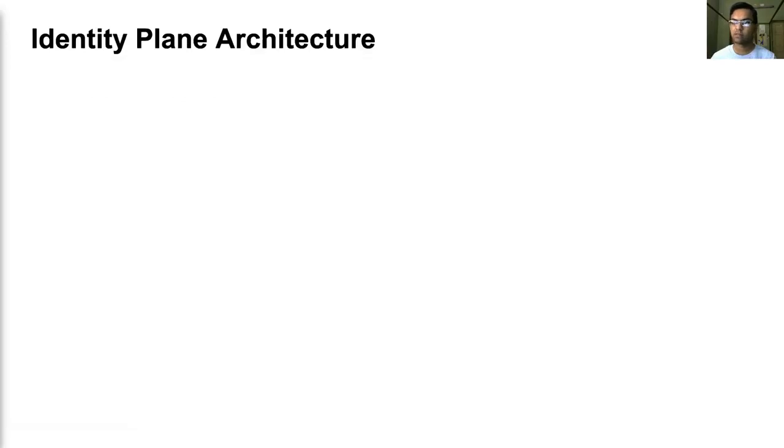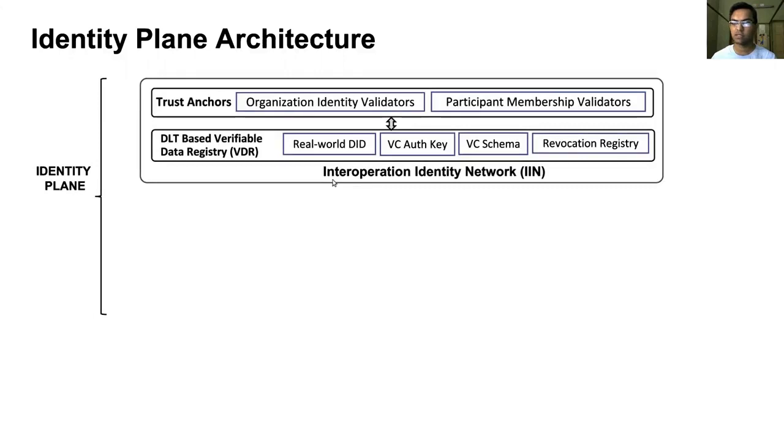This is the identity plane architecture that we have proposed. So in the identity plane, there is this interoperation identity network, or IAN component, which is formed by a set of trust anchors, both organization identity validators and participant membership validators. And apart from this pool of trust anchors, there is a DLT-based decentralized verifiable data registry, which is used for storing the real-world DIDs, auth keys, VC schemas, and revocation lists.